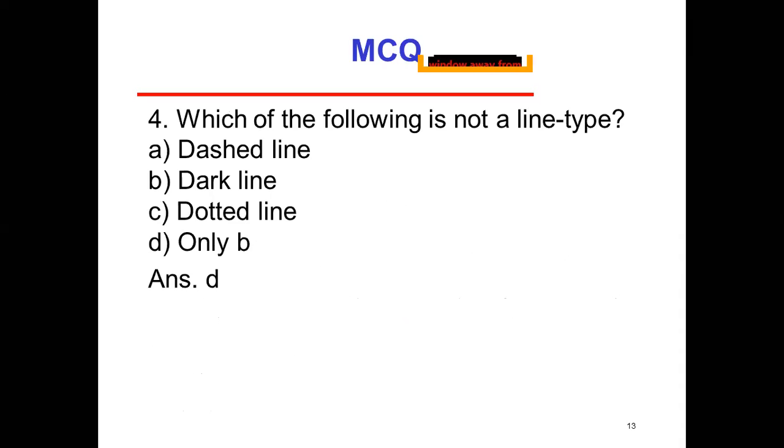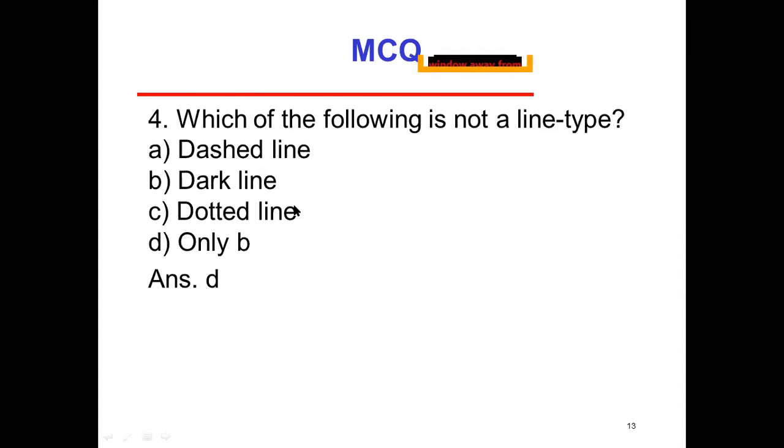Now another question: which of the following is not a line type? Dashed line, dark line, dotted line, only B. Which is not a line type? Dark line.